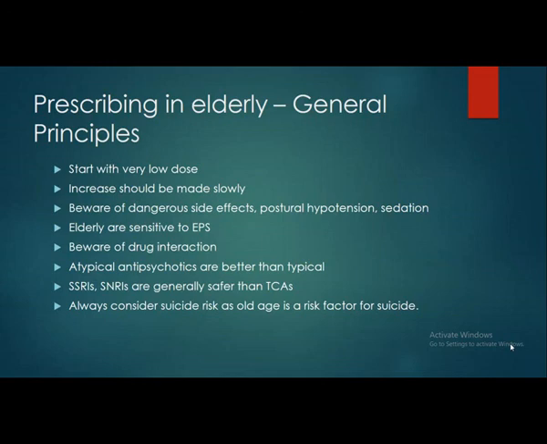For the atypical antipsychotics, as we said, if a person is in psychosis, then atypical antipsychotics are better tolerated than the typical antipsychotics. The typicals are haloperidol and trifluoperazine, and the atypicals are risperidone, olanzapine, and quetiapine. SSRIs, selective serotonin reuptake inhibitors, and norepinephrine reuptake inhibitors are generally safer than tricyclic antidepressants.